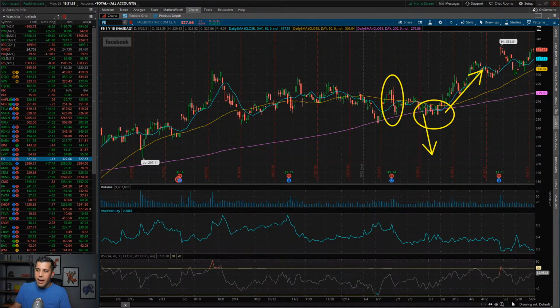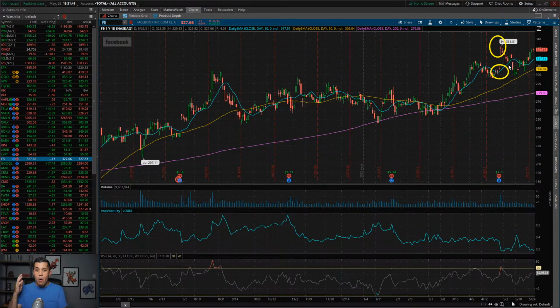Everything's okay. We're back. We're hitting all-time highs. And I like to use them as more gravitational points, so that I understand where a trade is. Like if a stock starts to get super extended, like right up in here in Facebook, if it starts to get extended off the 10-day moving average, I start to question my trades. Do I want to get long a stock that is super extended over its 10-day moving average?